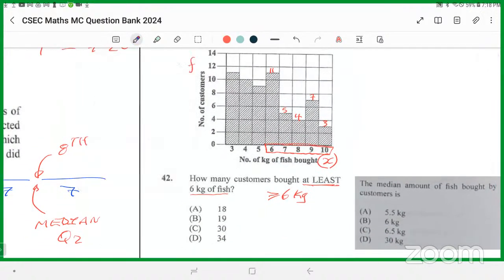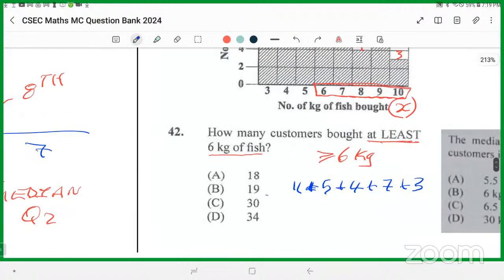Adding those up, it is 11 plus 5 plus 4 plus 7 plus 3. That looks like 30. Okay, this one is at 10, and this at 20. Yeah, 30. That's 30, guys. That adds up to 30 people.